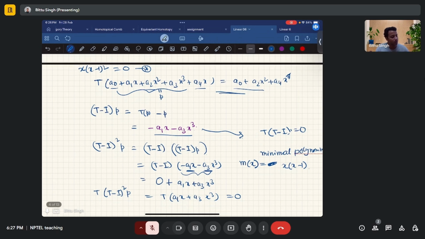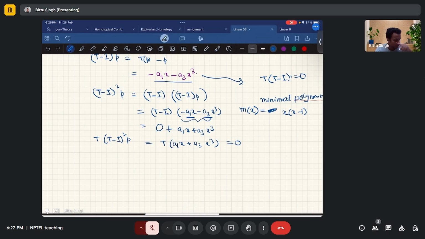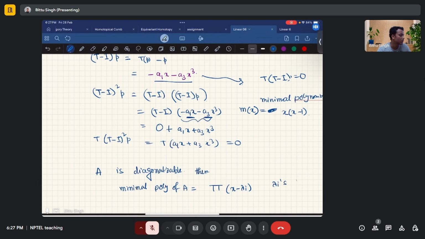And there is a result, let me write it. If A is diagonalizable, then the minimal polynomial of A equals the product of (x - lambda_i), where the lambda_i are distinct eigenvalues.